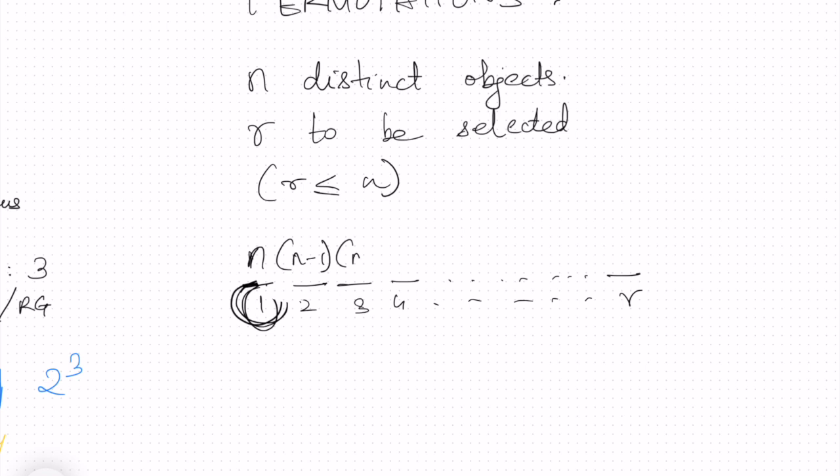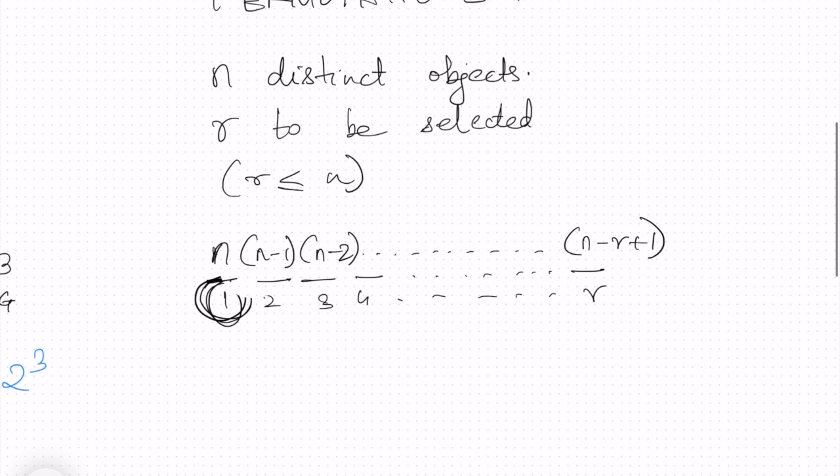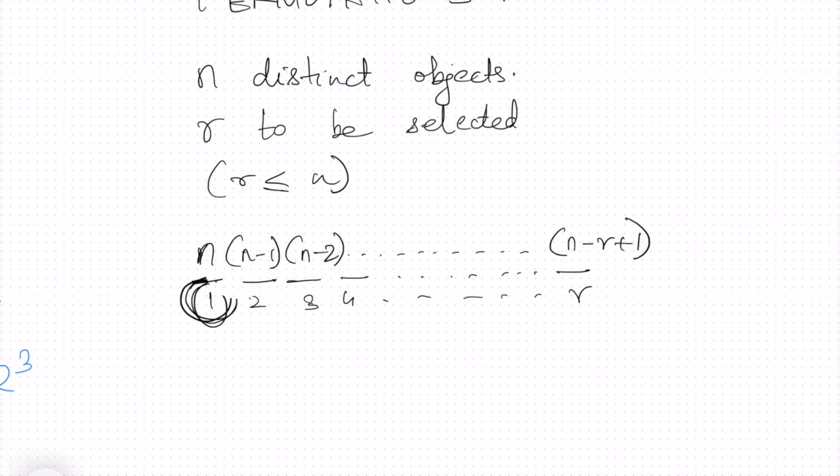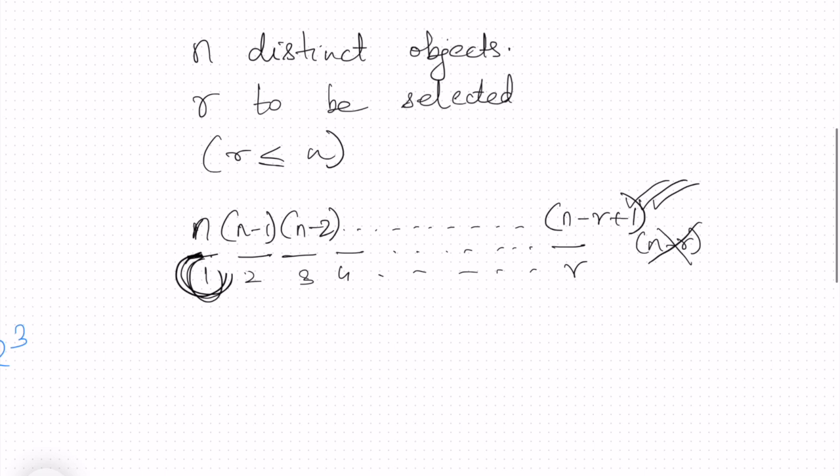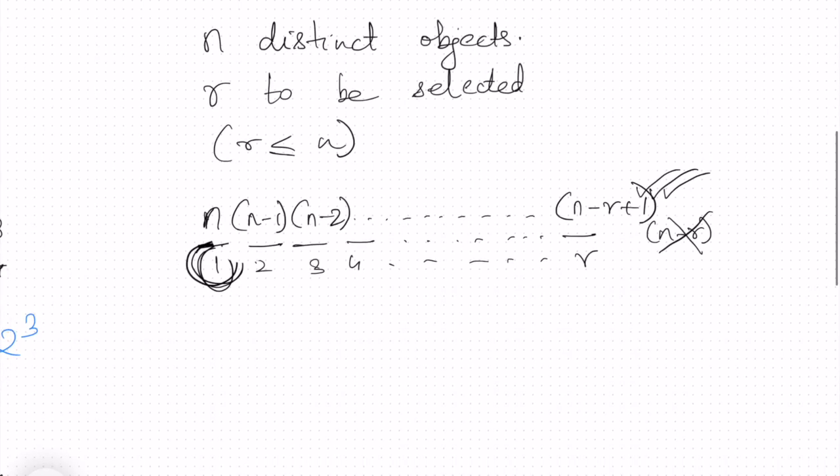The third in n minus 2 ways. You can see the pattern, and the last will be filled in n minus r plus 1 ways. Note that this plus 1 is important. It won't be n minus r, it will be n minus r plus 1.